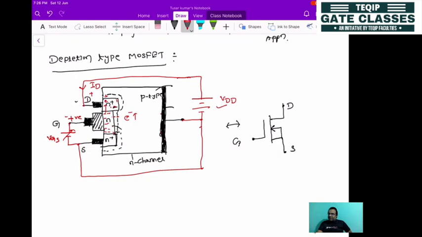The drain current is flowing due to the application of the drain to source voltage, provided that VGS is applied, because if you are increasing the VGS, then the channel that will be formed of all the electron charge carriers will help them move from the source to drain.